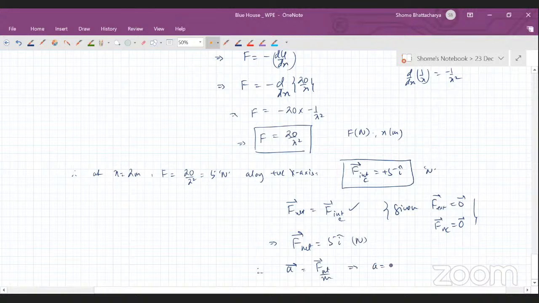We are taking the mass as 10 kg, so it has an acceleration of 0.5 meters per second square along the positive x-axis.